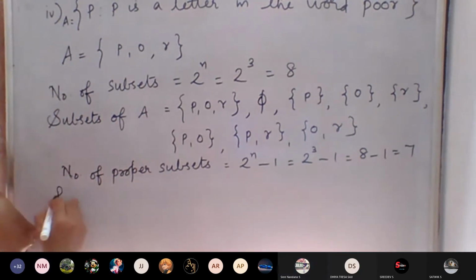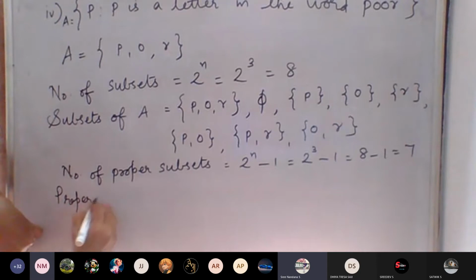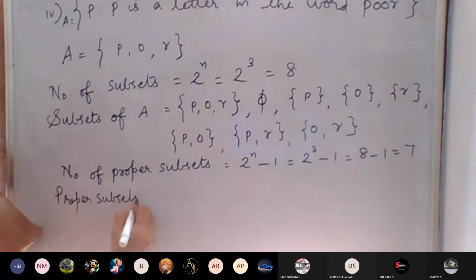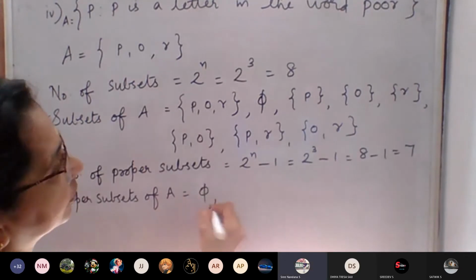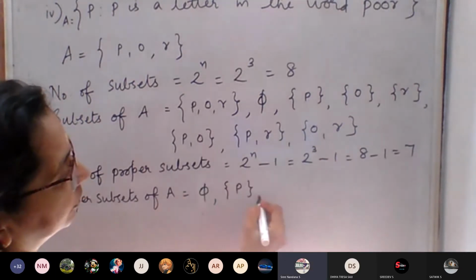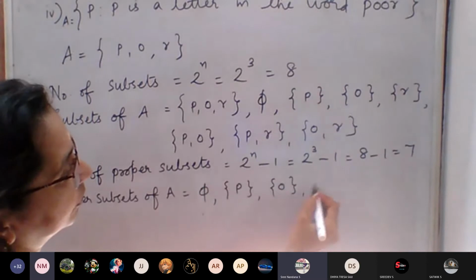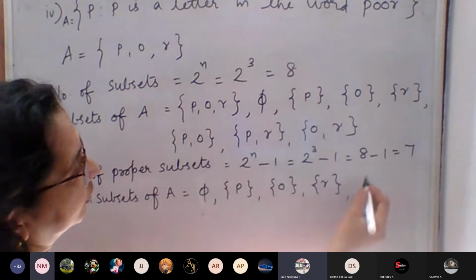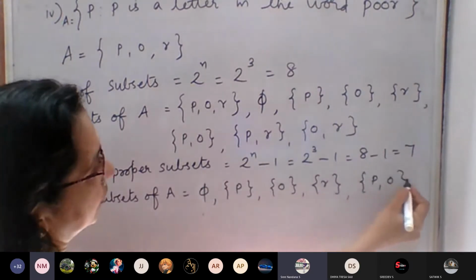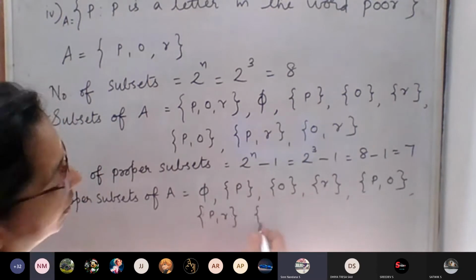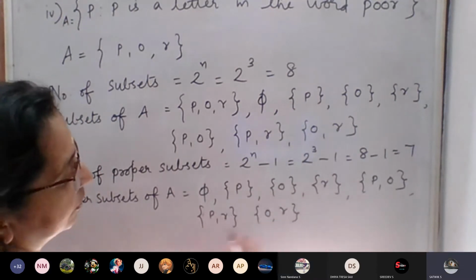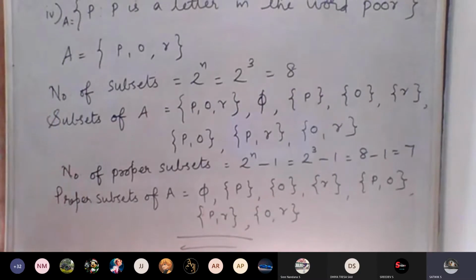Then proper subsets of A are: the null set, set P, set O, set R, set P O, set P R, set O R. Finished.